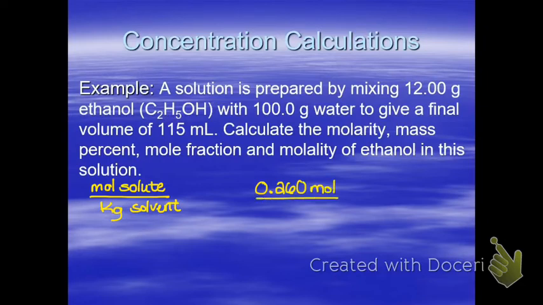Okay, kilograms of solvent, not solution, just the solvent, which is 100 grams of water. 100 grams is how many kilograms? 0.100 kilograms. And we divide that out, final answer. And you can just write your units with a lowercase m, like that.